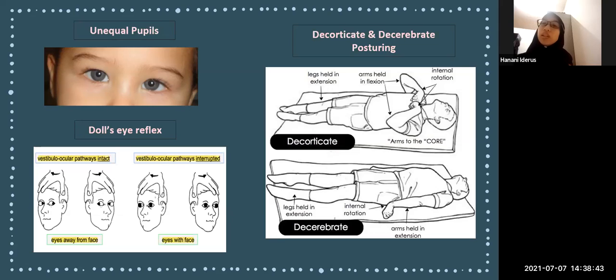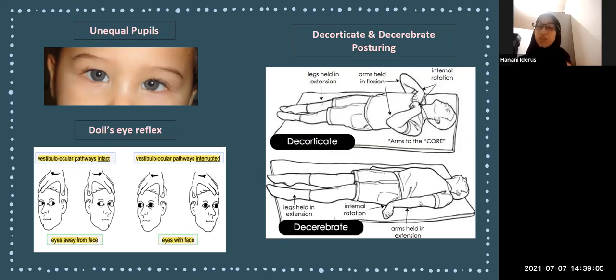Next is on the decorticate and also decerebrate posturing. The decorticate position is actually due to bilateral cortical and also subcortical abnormality. However, the brainstem function is still intact.